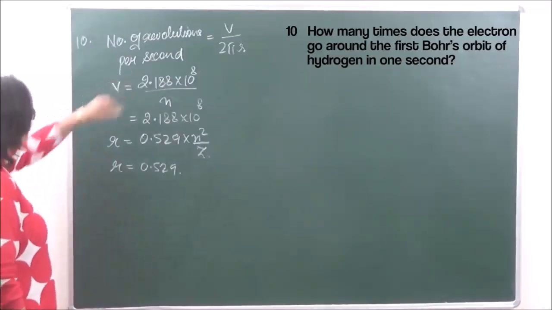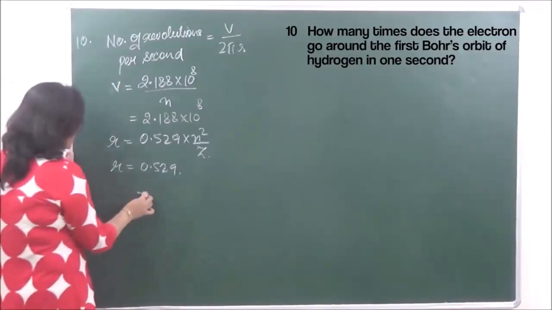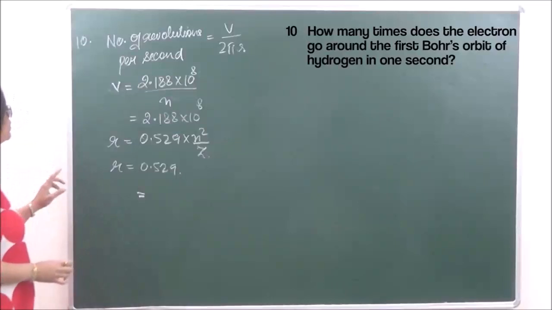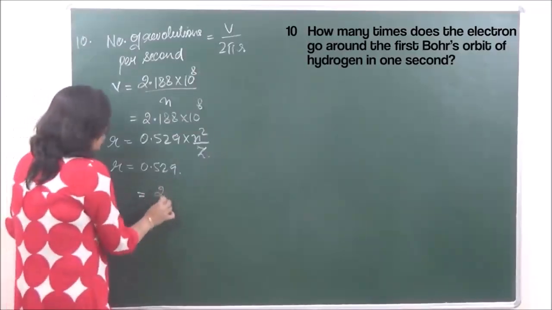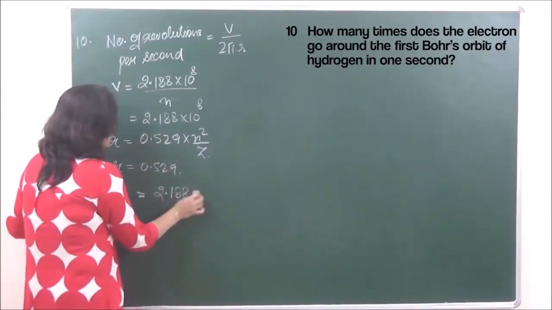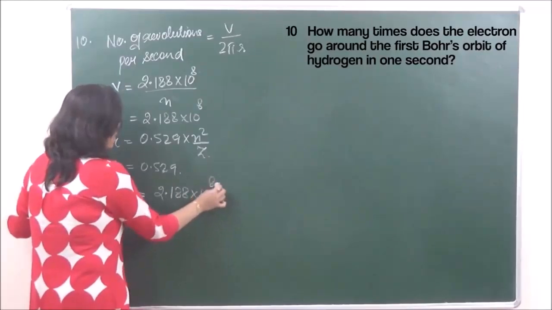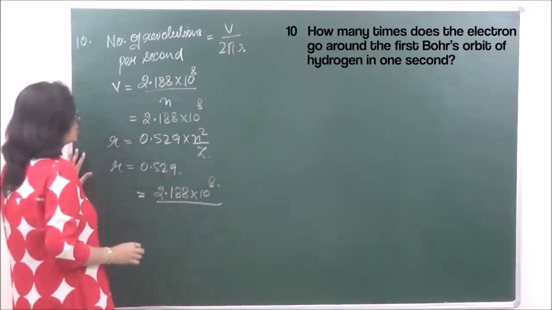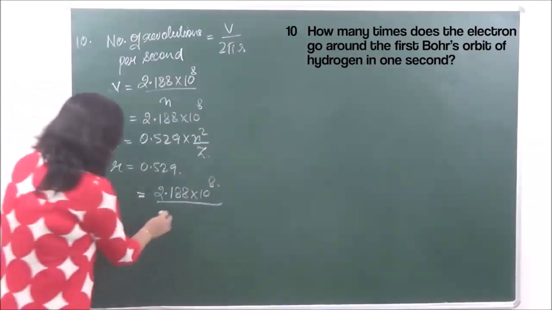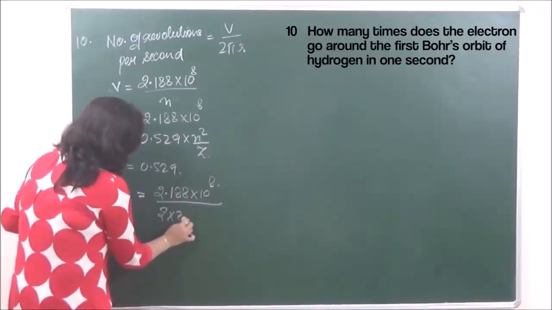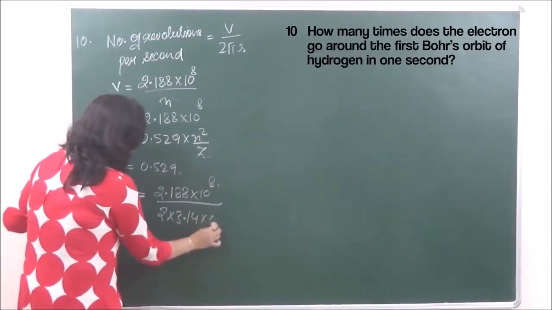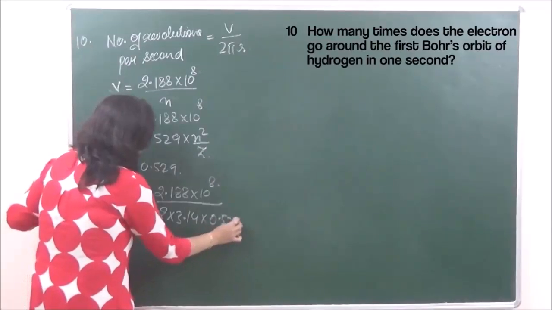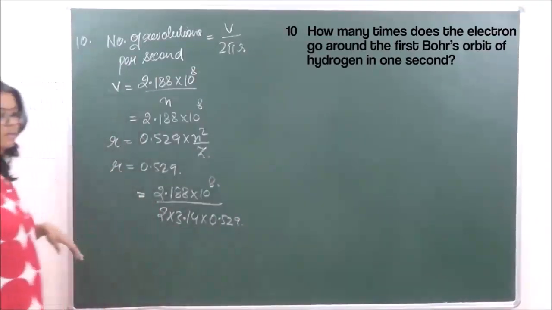Let's put the values for the number of revolutions. What is velocity? Velocity given to us is 2.188 into 10 raised to power 8 upon 2 into 3.14 into 0.529.